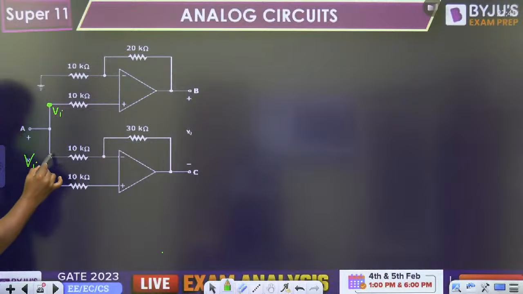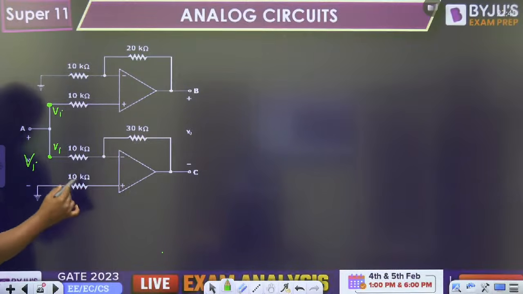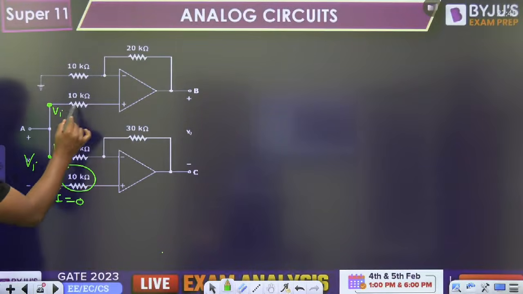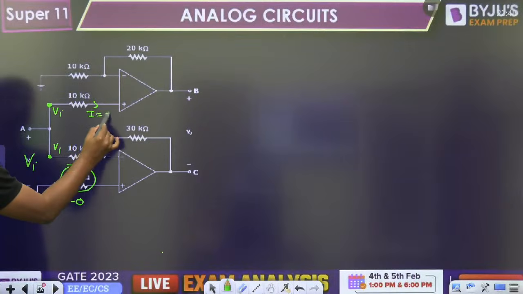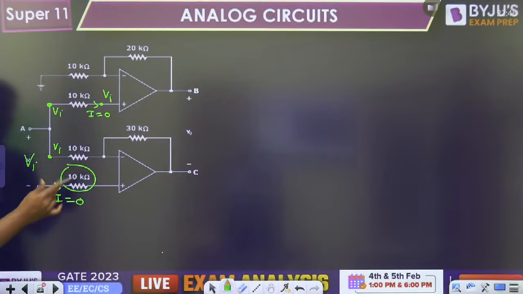Or in this terminal, it is connected here, it is an inverting operational amplifier. What about this resistor? Because there is an ideal condition, no current, no need to consider this drop. Similarly, what is the current here? Zero current, because the input resistance is infinite. So what is the voltage at this point? VI. No need to consider it. It is a non-inverting operational amplifier. It is an inverting operational amplifier.